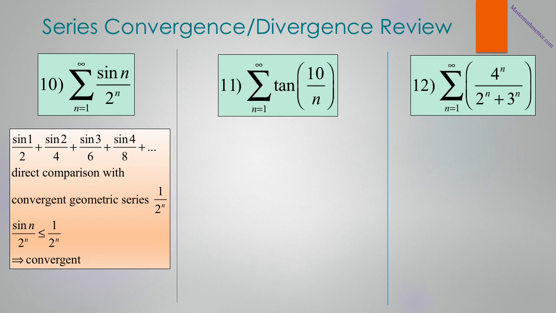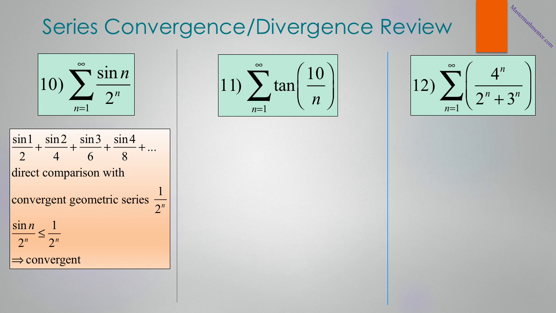Number 10 reads the summation n equals 1 to infinity of sine of n over 2 to the n. This is sine of 1 over 2 plus sine of 2 over 4 plus sine of 3 over 8 plus sine of 4 over 16 plus ... As stated before, this is one of those rare problems where a direct comparison test actually works well.